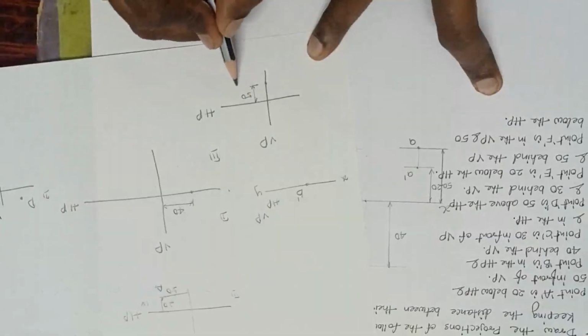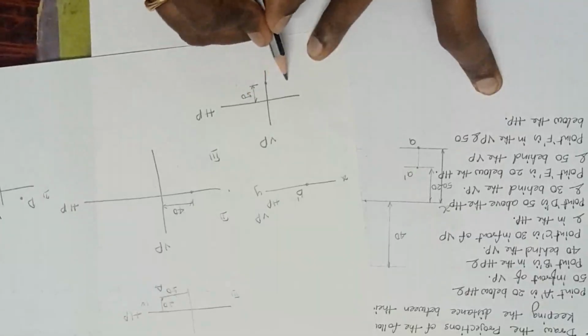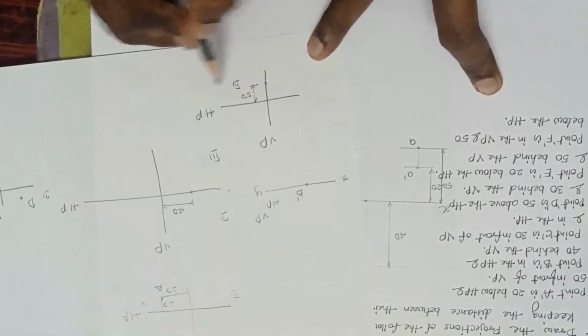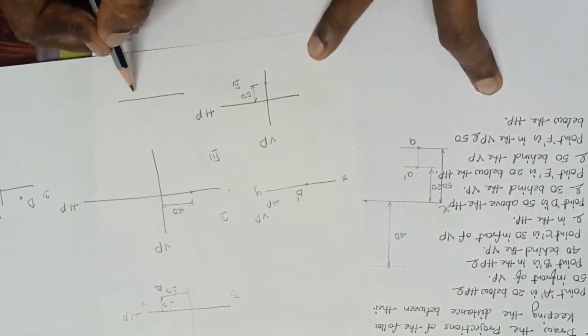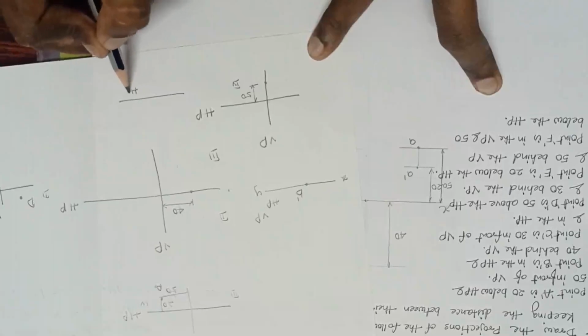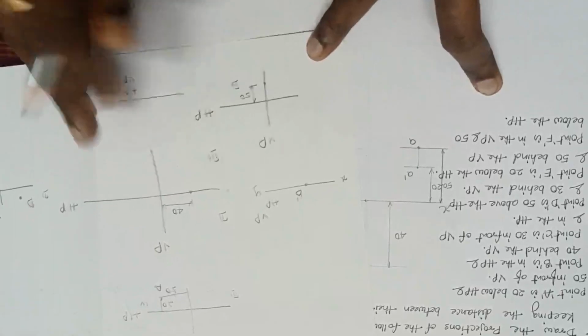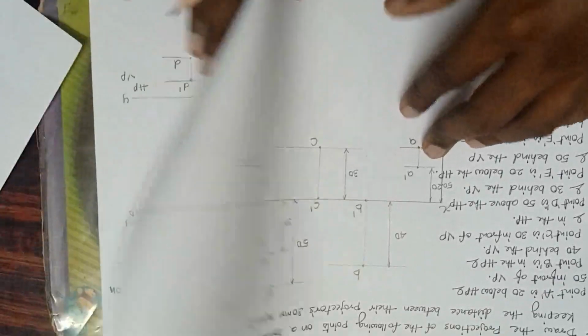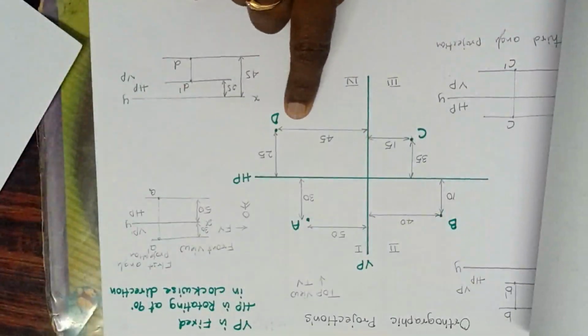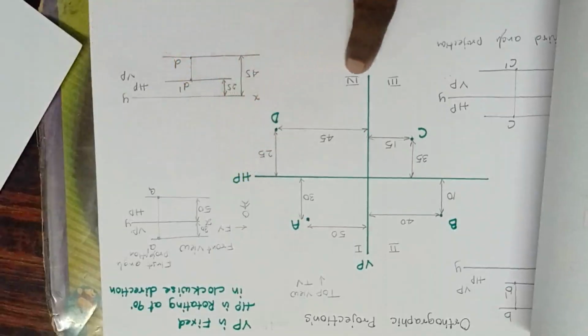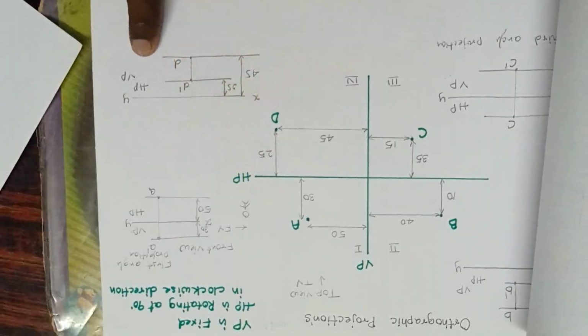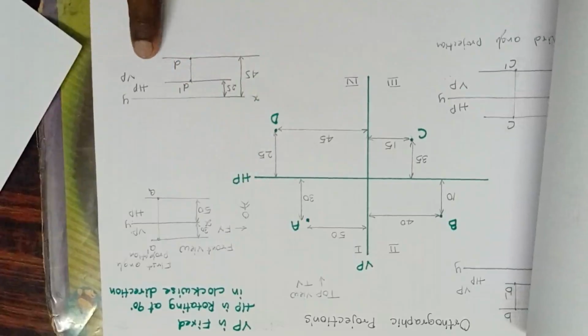So I can draw in the fourth quadrant or third quadrant. I'll assume the fourth quadrant because it will be simple. Both are below the reference line. Yes, HP and VP. In the fourth quadrant, HP is rotating like this, so it is below the reference line. We have to remember like this.